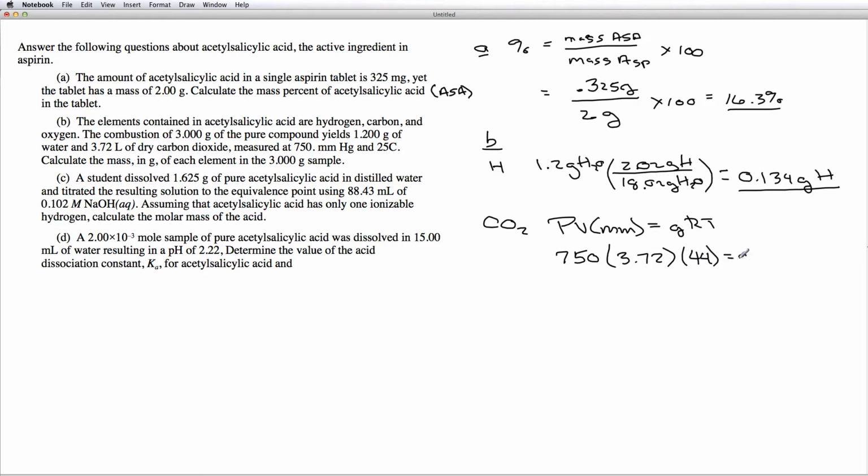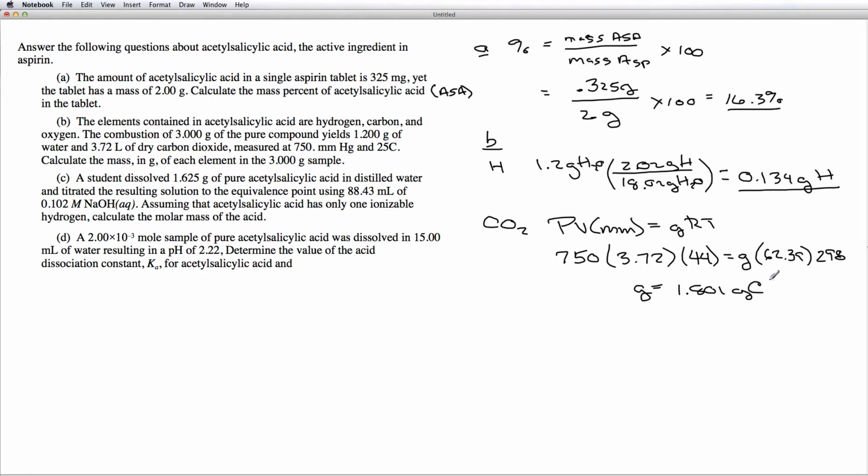The number of grams is what we're looking for. R has to correspond to millimeters of mercury, so it'll be 62.39, and the temperature given as 25, adding 273, gives me 298. We solve that for g, and when we get that done in our calculator, we get g as 1.801 grams.